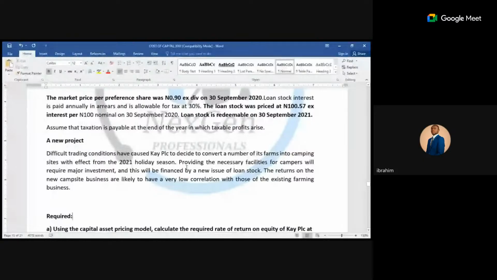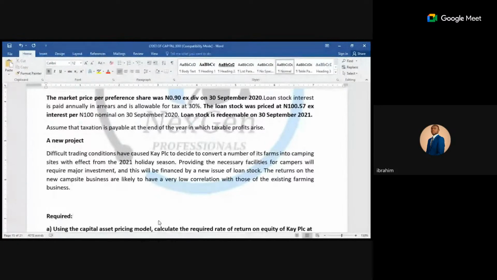Providing the necessary facilities for campers will require major investments, and this will be financed by a new issue of loan stock. Can you see?